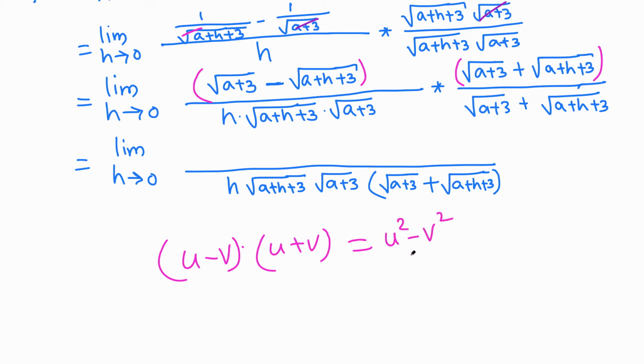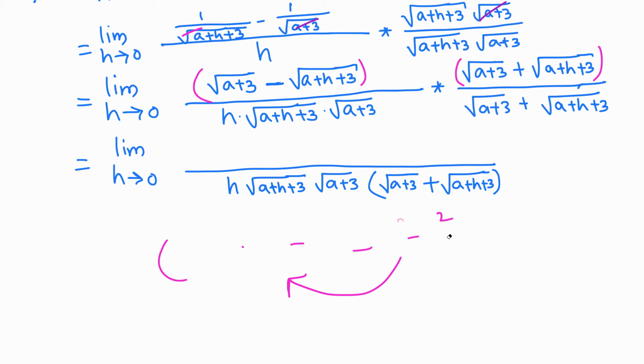In fact, we've seen this before. When we factor, the difference of two squares goes in this way. But when we multiply, because we are in the multiplication case, we are getting u squared minus v squared. The middle two terms cancel, okay?